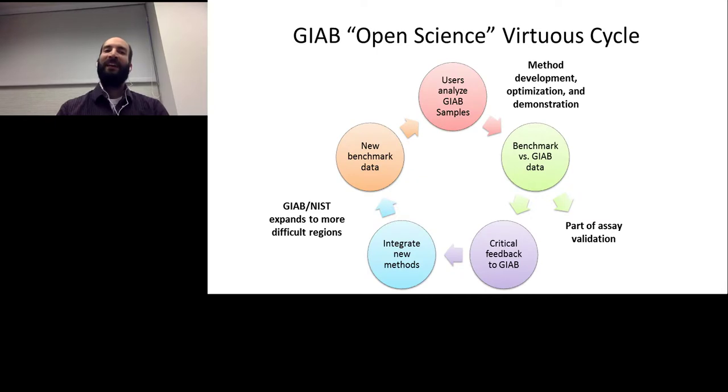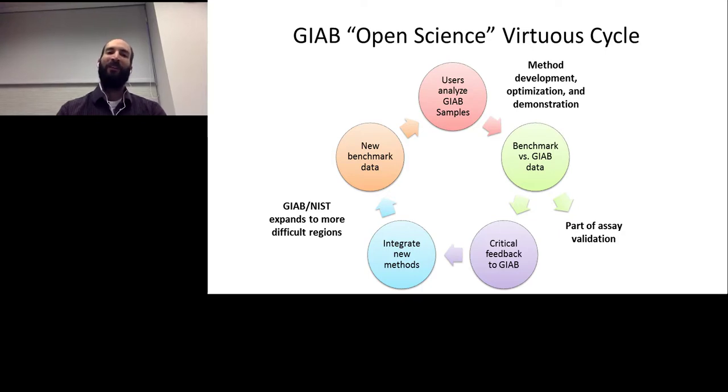We've made these data openly available and all of our analyses openly available because this has resulted in sort of a virtual open science. So the cycle that we continually go through is that users can analyze the Genome in a Bottle samples, either getting the DNA or cells and sequencing with a new method, or taking the data we've already made available and analyzing that data with new methods.